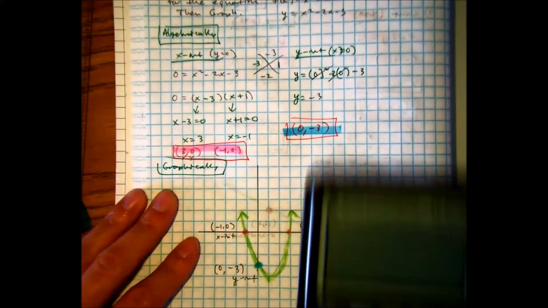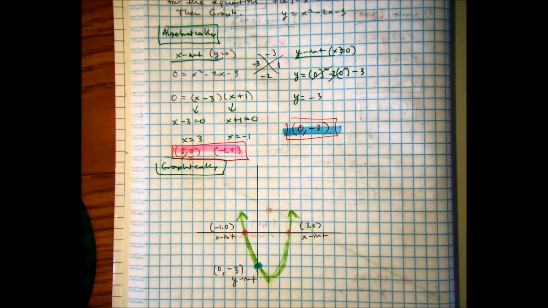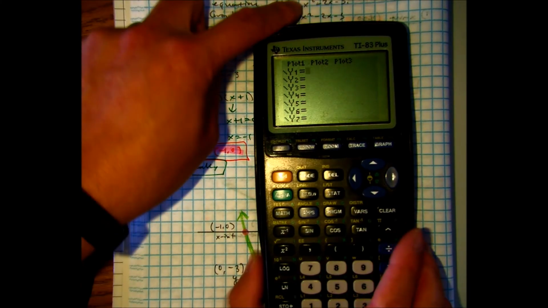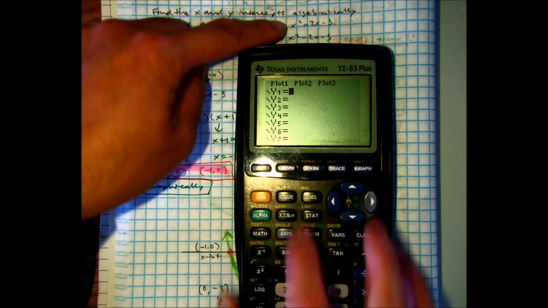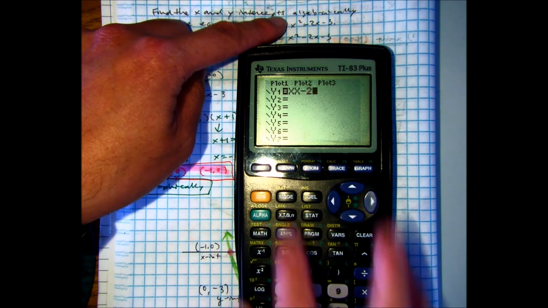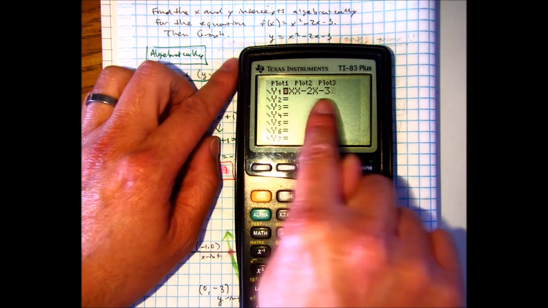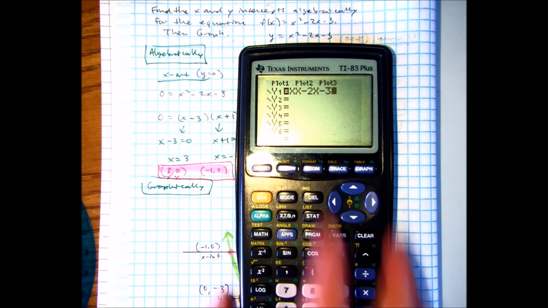And then we talked about putting this in your calculator, right? Do you guys need me to show it to you again? Yes. So put in y equals x squared minus 2x minus 3. Remember, that should be the minus or subtraction sign.